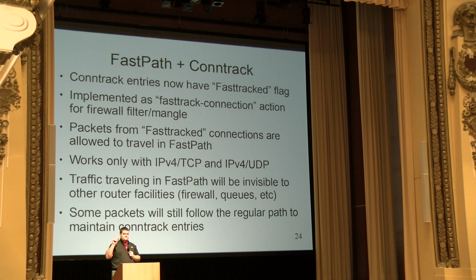This only works for IP version 4, UDP and TCP traffic. Note that traffic traveling in a FastPath way, I'm repeating that already 3 times, and I will be repeating that 3 more times, will be invisible to other router facilities such as firewall and queues.